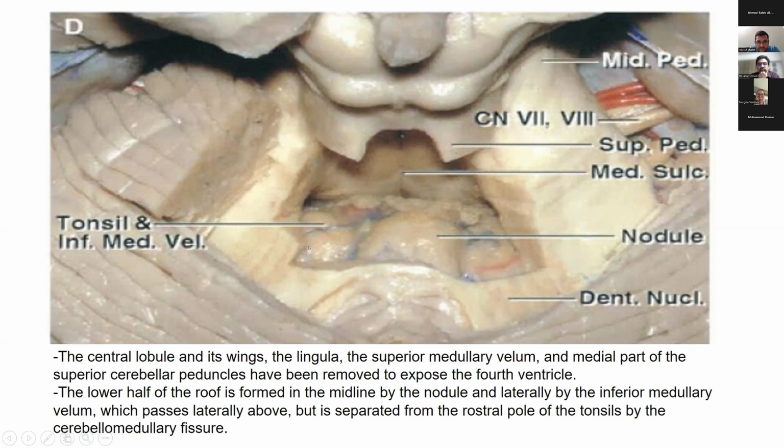Over here, we have the inferior medullary velum. This part is known as the tela choroidea, and these structures together form part of the fourth ventricle. So you can appreciate the nodule, the inferior medullary velum, and the tela choroidea.